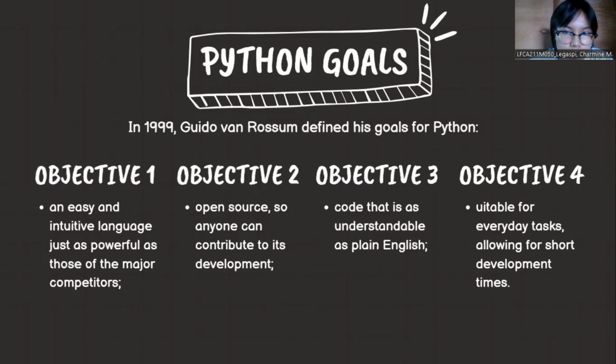Three is code that is as understandable as plain English. The fourth is suitable for everyday tasks, allowing for short development times. So Guido van Rossum created these goals to make Python a powerful, user-friendly, and community-driven language.